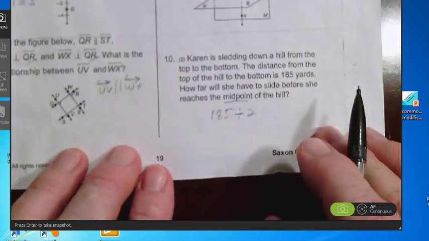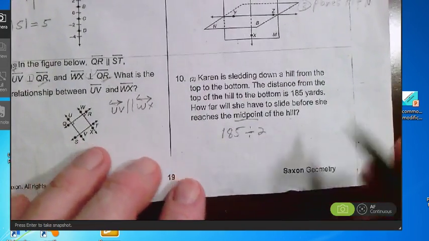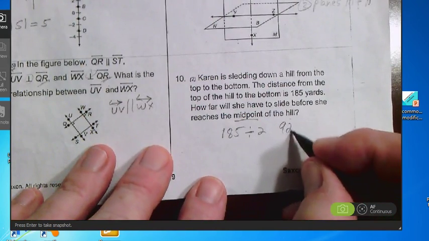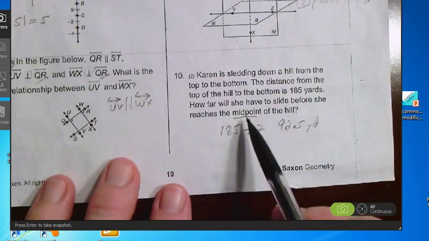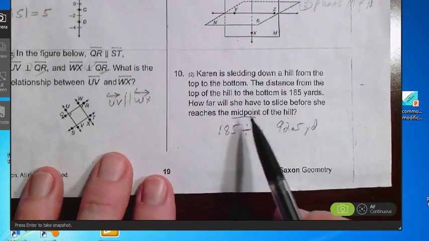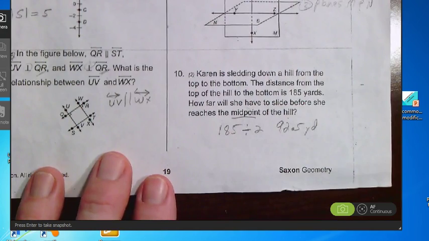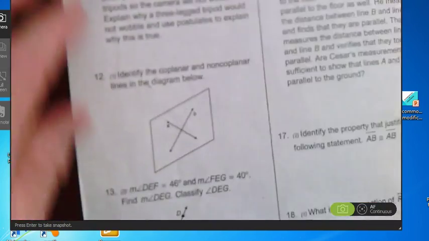And I think I already did that calculation. It's going to be 92.5 yards. So obviously the whole point here is understanding midpoint. All right, let's go to the next page.